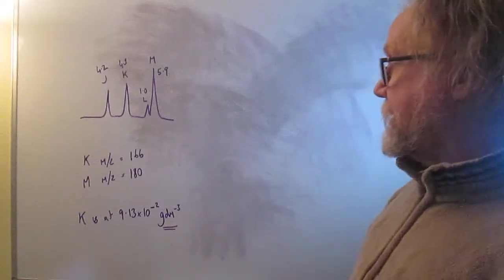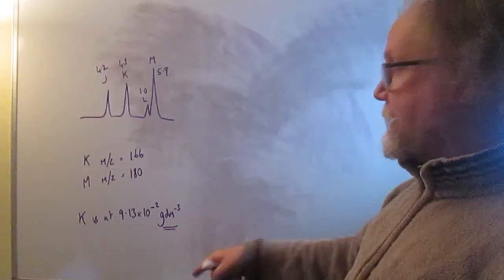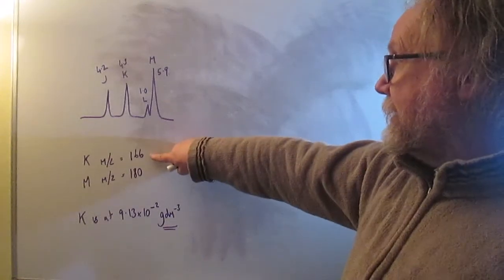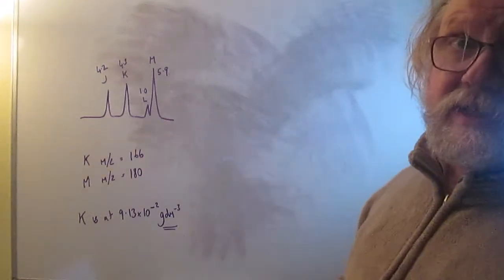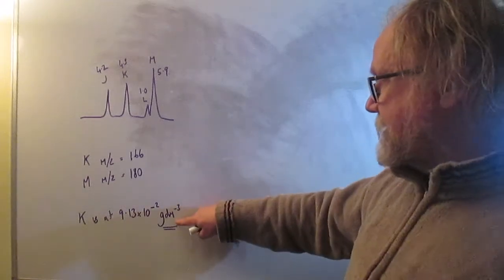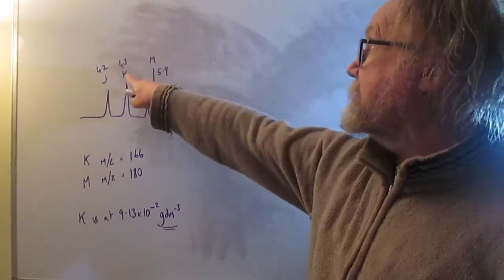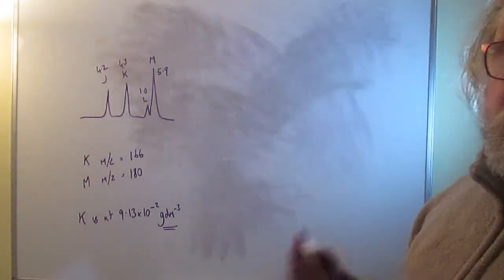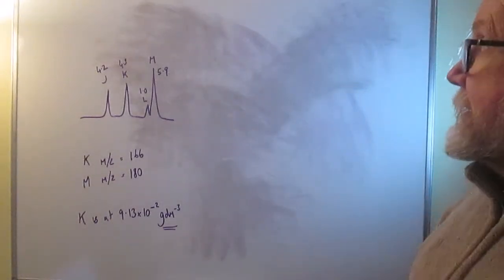So the first job is that we've got to convert grams per dm cubed into moles per dm cubed, which we can easily do because we know the Mr of K, because we're told the m over z for the molecular ion peak, so we turn that into moles per dm cubed, and then we can just use the relative sizes of the peaks to scale that up to get the concentration of M. That's the thinking.